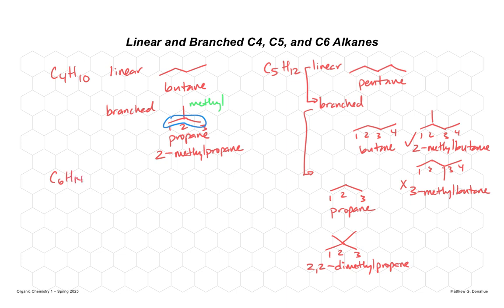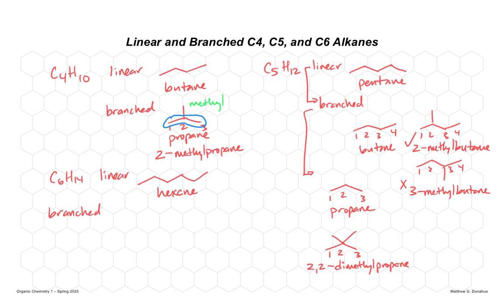So we got a little bit of space for C6H14. And we know that the linear one is hexane. So without me drawing anything, I'll just throw it out there.